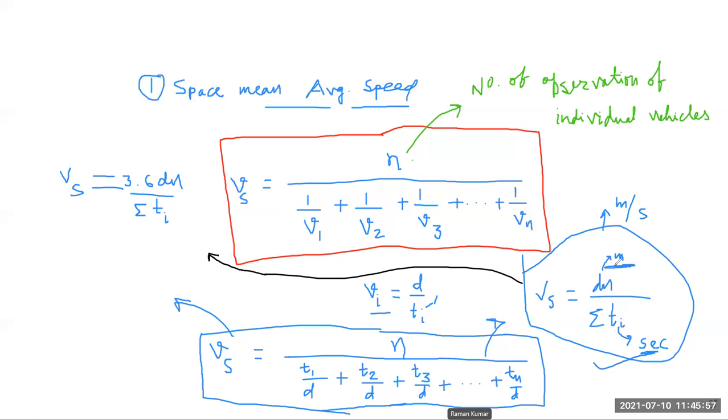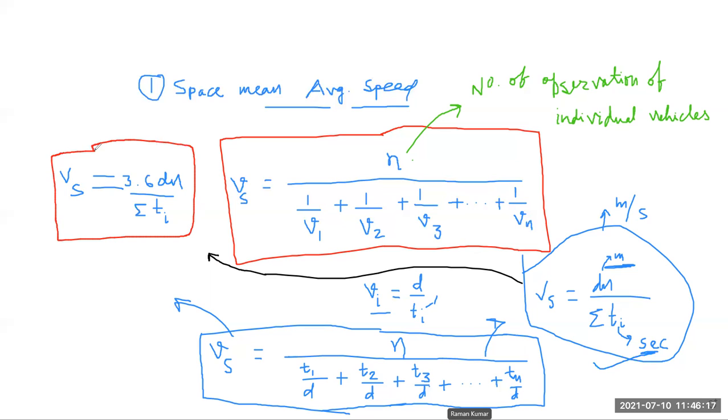We know 1 kilometer is equal to 1000 meters and 1 hour is equal to 3600 seconds, so 3600 divided by 1000 gives 3.6. So this is another formula we get in the space mean average speed calculation.